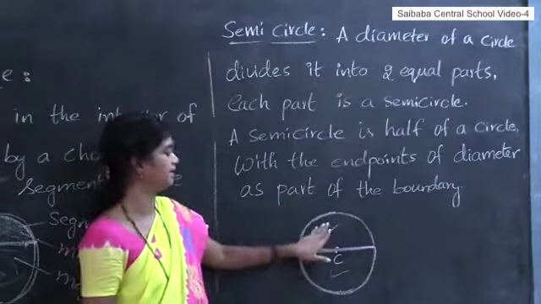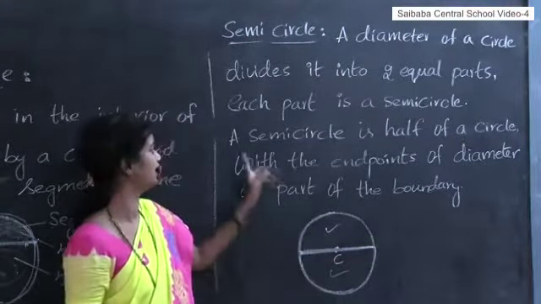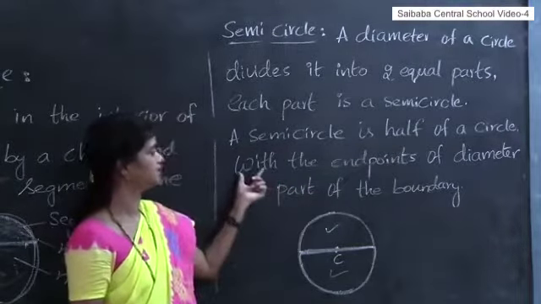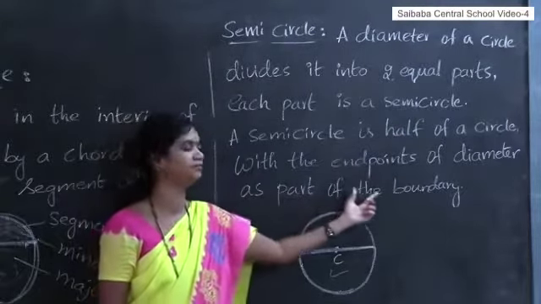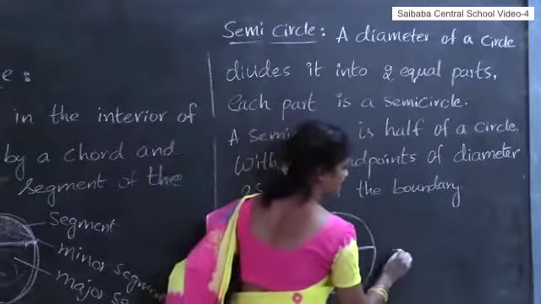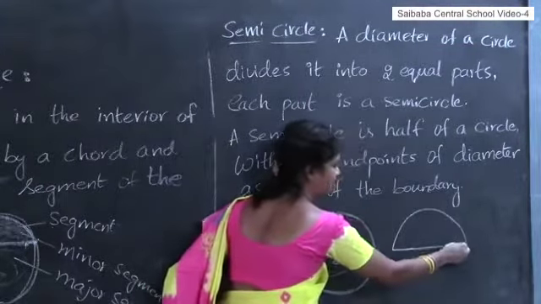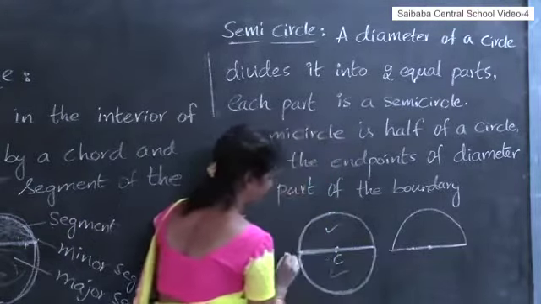So in this circle we have two semicircles, and a semicircle is half of a circle with the end points of the diameter as part of the boundary. If I draw this semicircle separately, we have this boundary as the diameter of the circle.